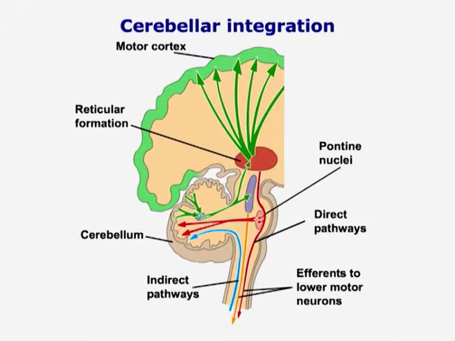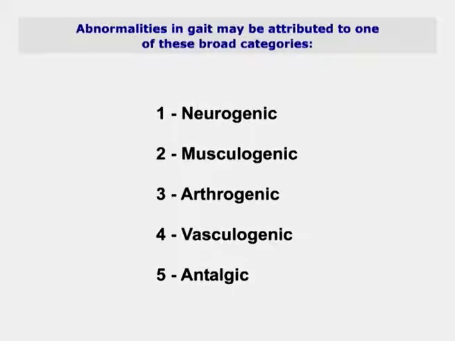Remember that movement requires the coordination of the peripheral and central nervous systems, the basal ganglia, the cerebellum, the vestibular and the musculoskeletal systems. Abnormalities in gait may be attributed to one of these broad categories: neurogenic, musculogenic, arthrogenic, vasculogenic, and antalgic gait.